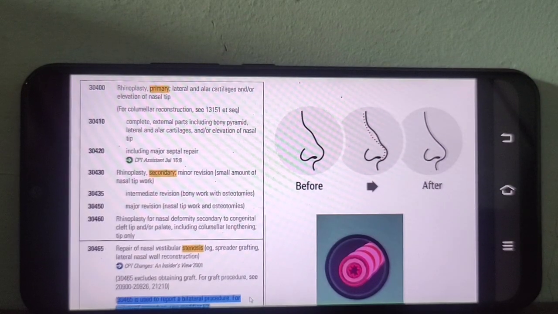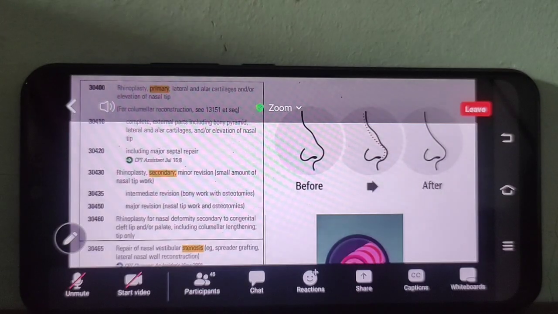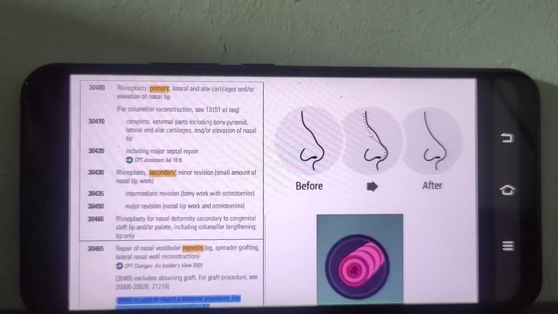Including septal defect, if the surgeon also corrects, see that this is a deviated septum. After surgery, the septum has been corrected here. So for including septal defect, go for 420.